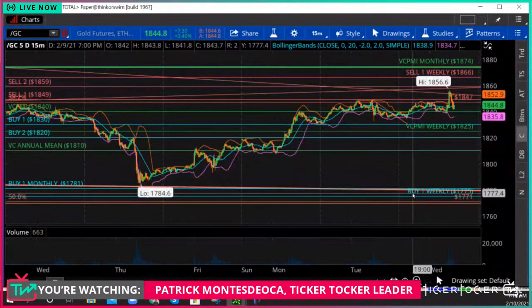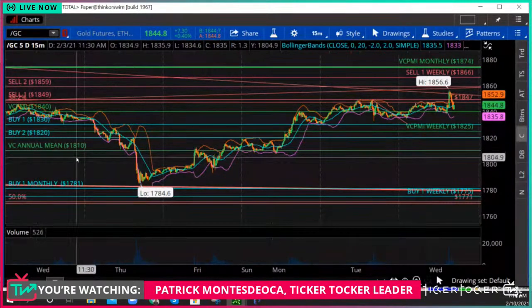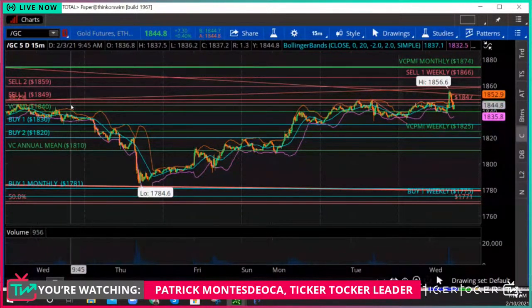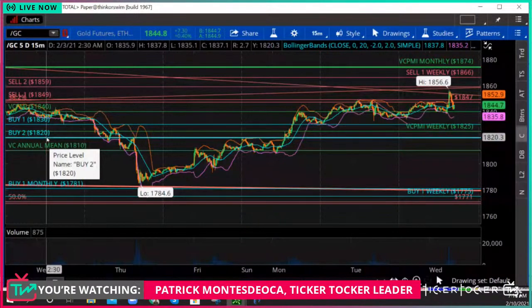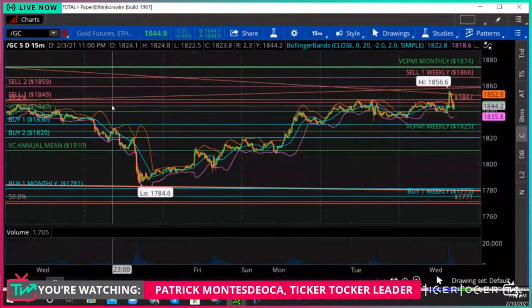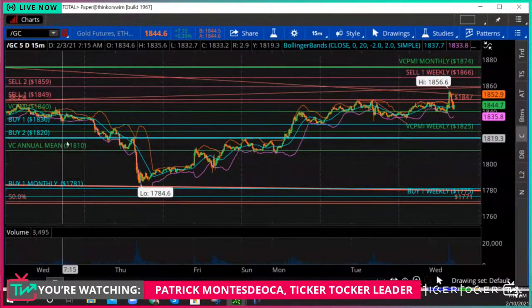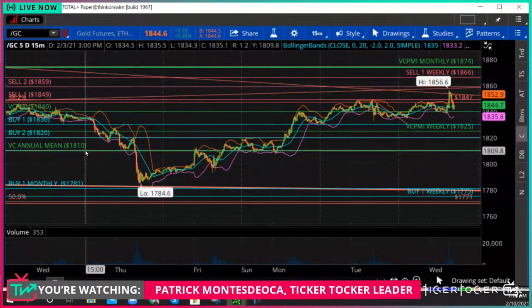The extreme below the mean on the weekly. The daily, the extreme below the mean is all the way down to 1820 if we close below 1840. And 1820 comes very close to the annual target of 1810.